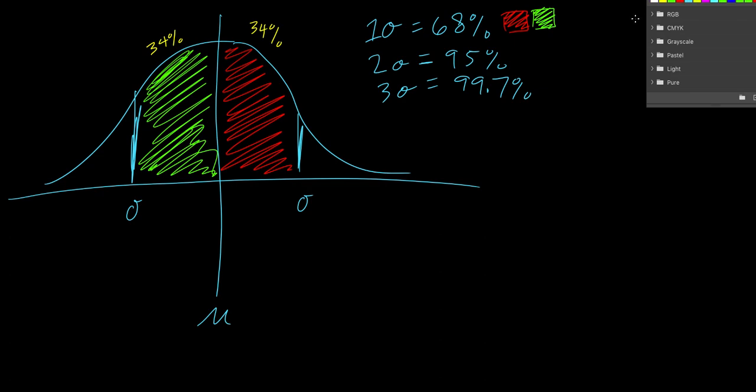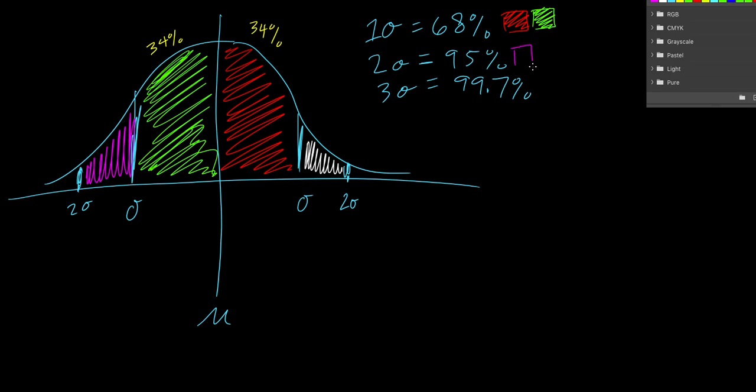Okay. Now, if we go another standard deviation, so now we've gone 2 standard deviations away from the mean. We go 2 standard deviations away from the mean. I'll color that one white, this one purple.